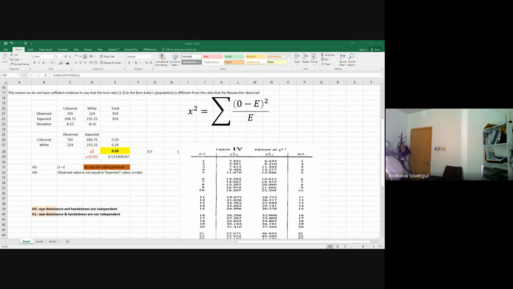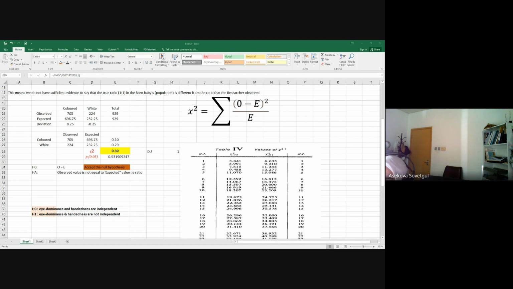There is no difference. Okay, so this is my null hypothesis. On the contrary, the alternative hypothesis says that there is a difference. There is no agreement between my observed value and the expected, previously established value. There is some difference. They are not in agreement.